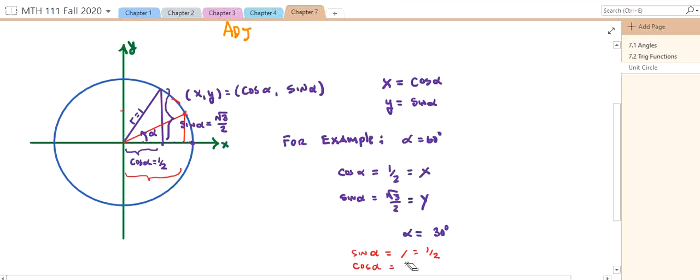I got these backwards. That never changes. Sine alpha is y. Cosine alpha is the length of x, which is now square root of 3 over 2.